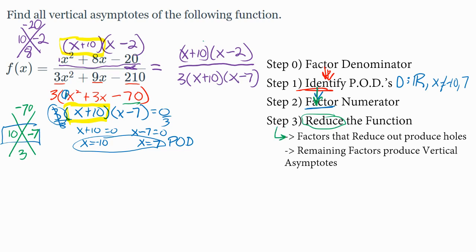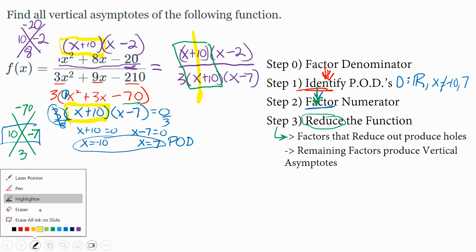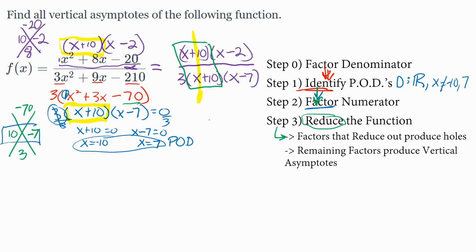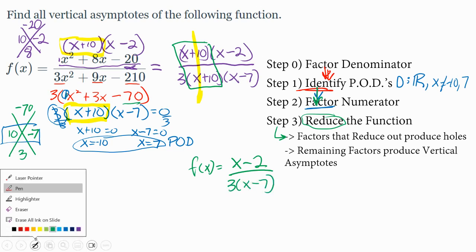So here we reduce our x plus 10s because anything divided by itself is a 1. And so we cross that out, make it a 1. And I will write my further reduced form, function f of x, in reduced form as x minus 2 over 3 times x minus 7, which is great, but that wasn't the point of the problem.